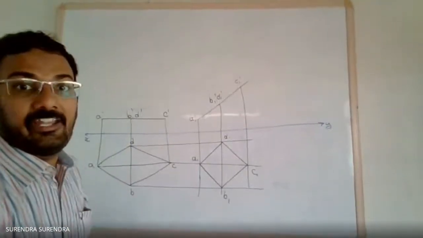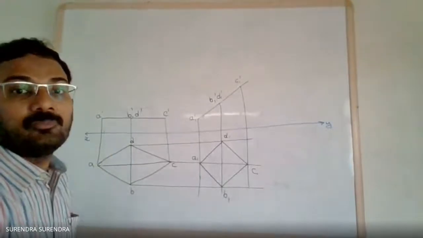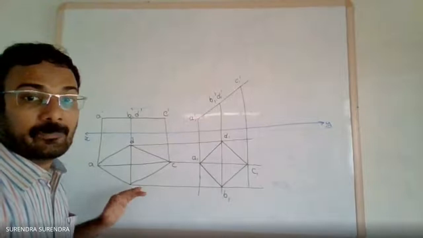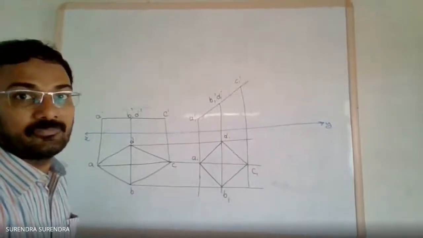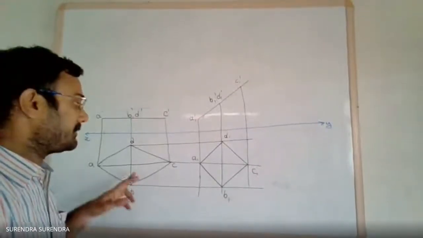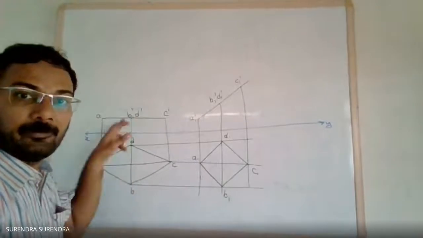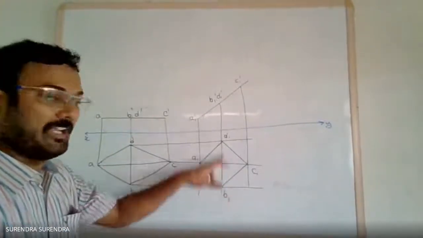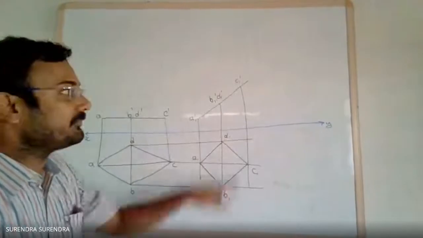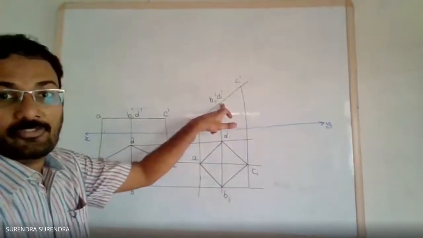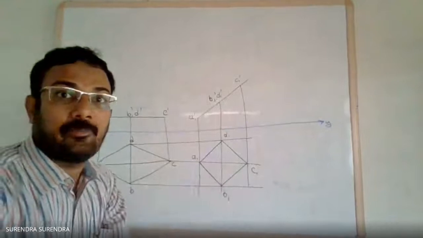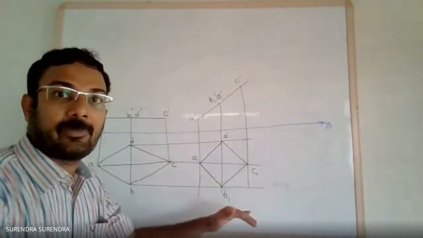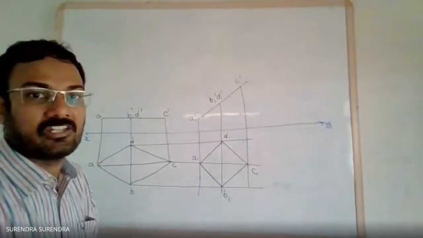Means the BD is parallel to XY line in front view, perpendicular to XY line in top view, which indicates this BD is perpendicular to VP, parallel to HP. ఈ condition లో, again BD perpendicular in top view. In front view, B and D are at the same distance from XY line. So BD is parallel to HP, perpendicular to VP, even in this second condition.